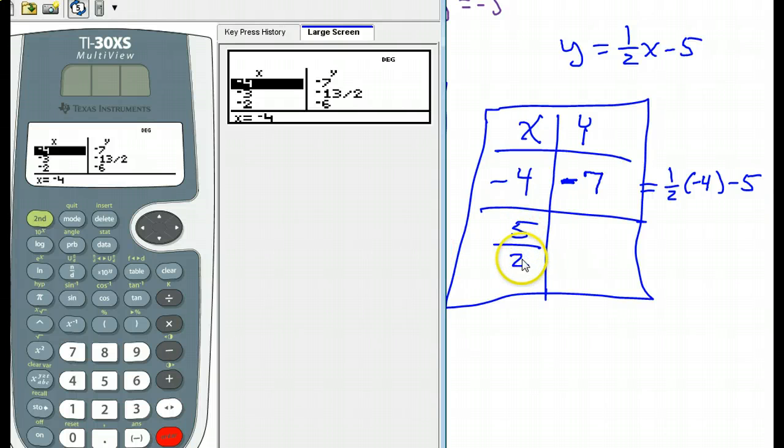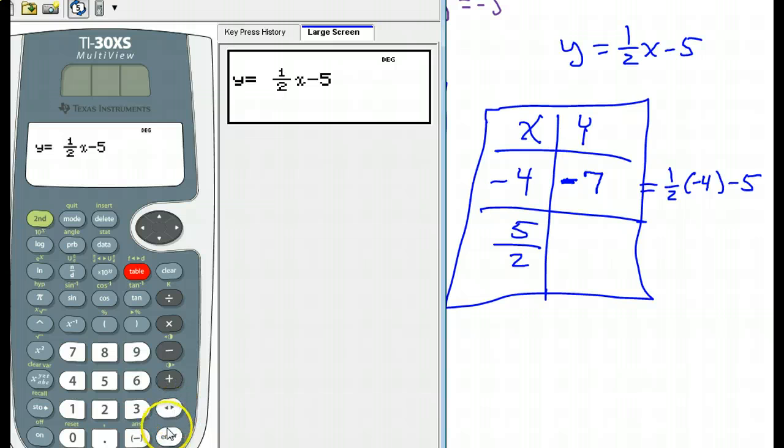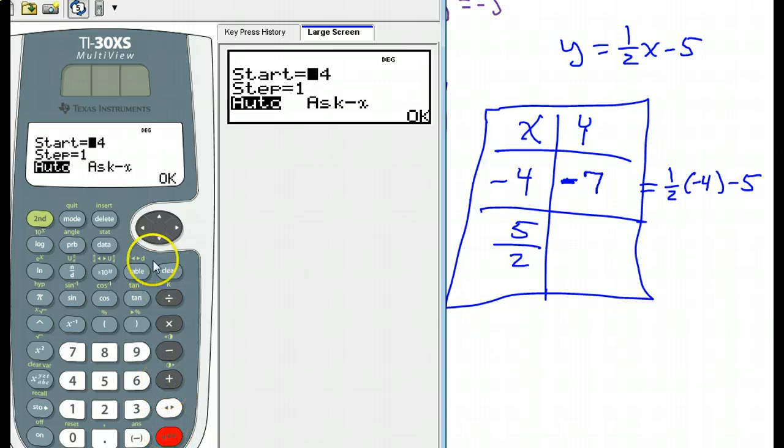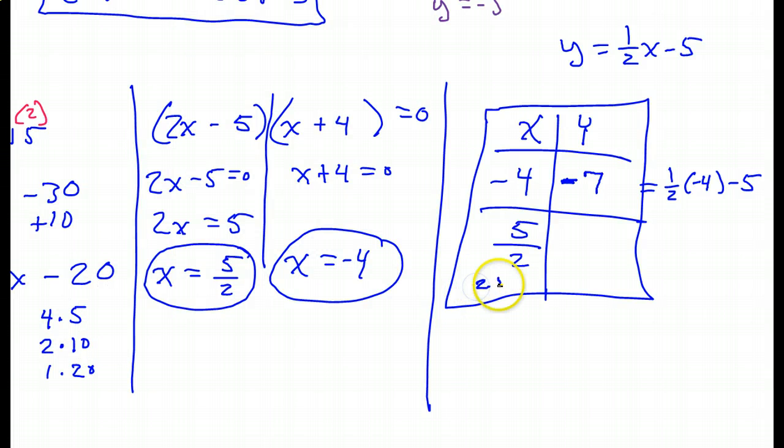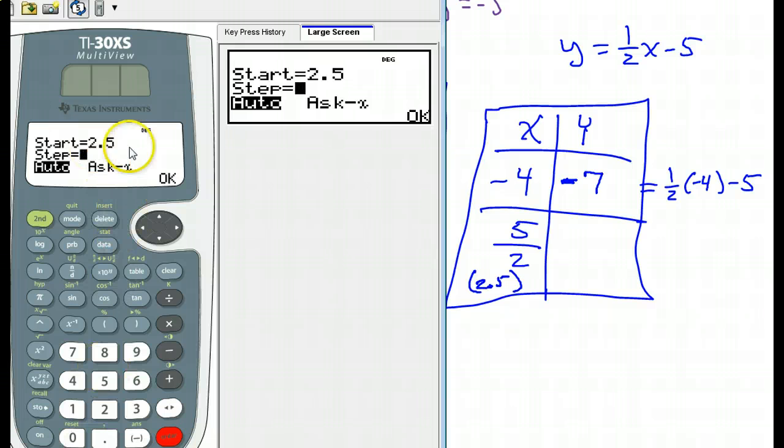Maybe I could tell it to start at 5/2. Let's try that. Table function. Will it do a fraction right here? Let's see. 5/2. Okay, yeah, I guess I could have. 5/2 is 2.5, so I could just tell it to start at 2.5.